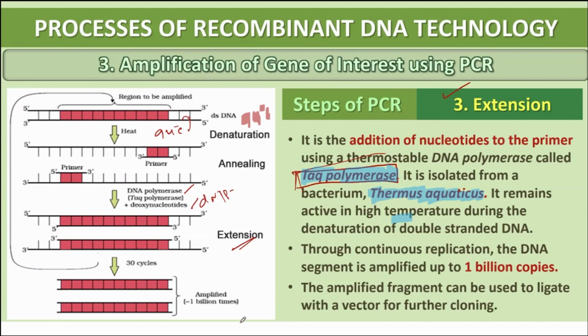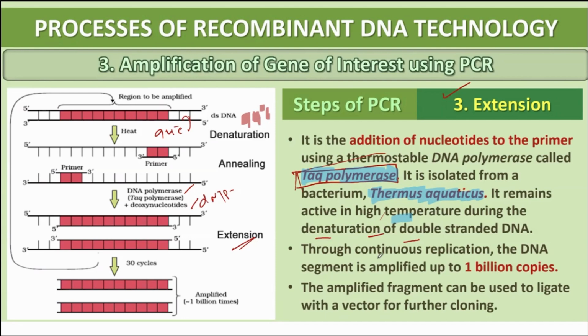Therefore, the scientists were looking for a polymerase that was stable and active at 94 to 98 degrees, and that's why they got Taq polymerase. Taq polymerase is a DNA polymerase isolated from Thermus aquaticus and is very stable at high temperature, such as 94 degrees, which is important for denaturation of the double-stranded DNA. So that is why we use Taq polymerase.